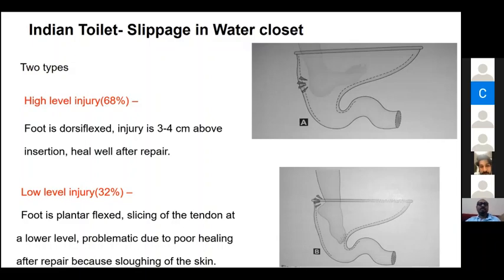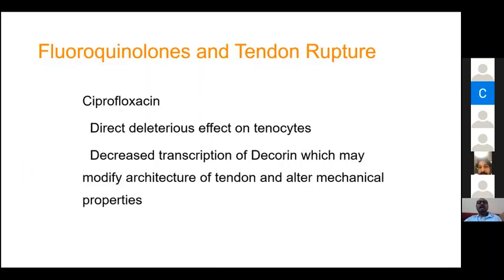So you should be very, very careful when you're looking at a low level injury in an Achilles tendon injury, with a history of closet injury. Okay? This is something you should keep in mind. High level injury, low level injury, and low level injuries are more dangerous. One more cause is the fluoroquinolones, especially ciprofloxacin and ofloxacin.